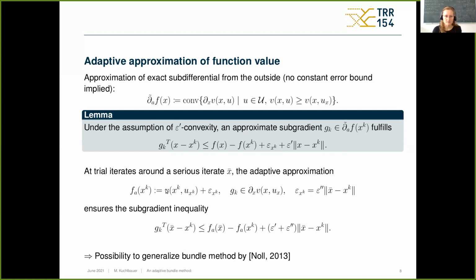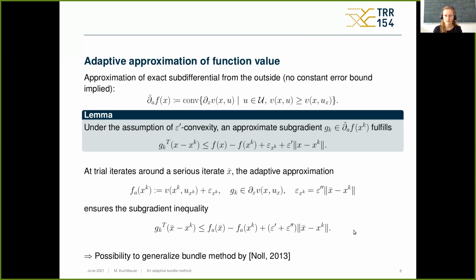So we use this inexact function value and the corresponding subgradient, but this error in the subgradient inequality now is distance dependent using trial and series iterates. So when we evaluate the subgradient inequality at a pair of trial and series iterates, and that's actually where the subgradient inequality is of interest, then we have a distance-dependent error. And this enables us to generalize Null's convergence proof.